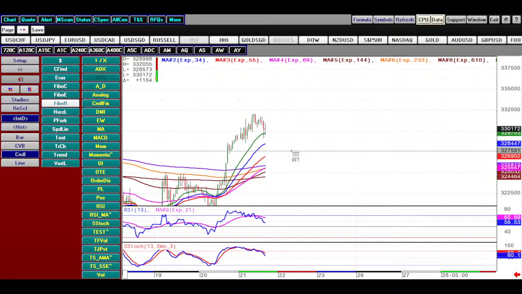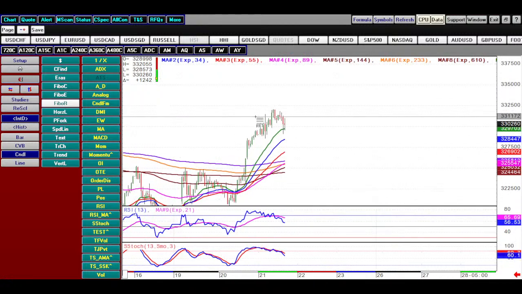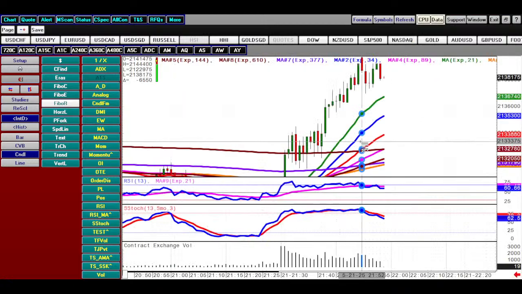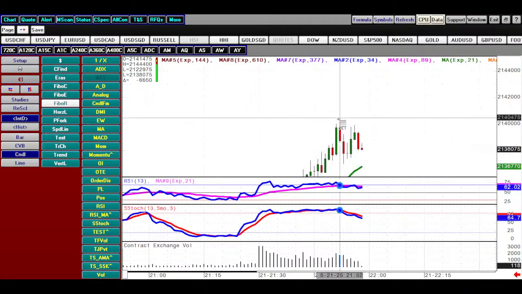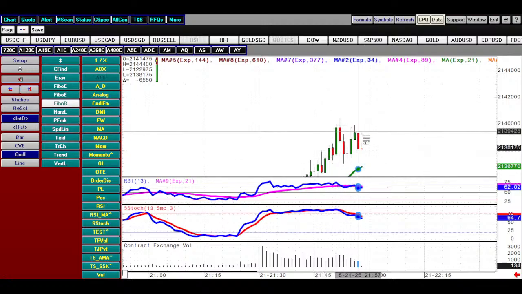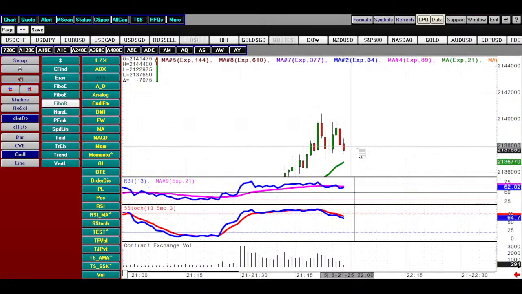Okay, then Nasdaq we also have a sell order at 420. Right now I think this is trading at 395. Okay, the highest it went was 405.